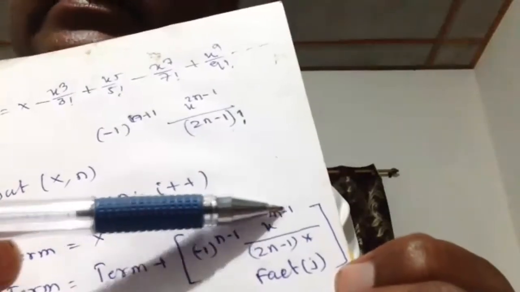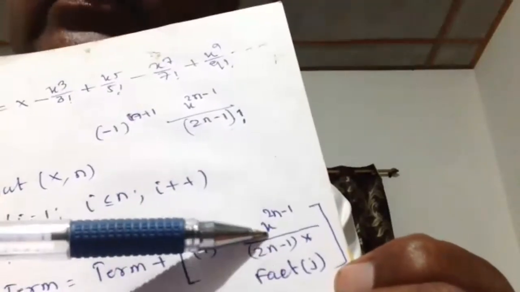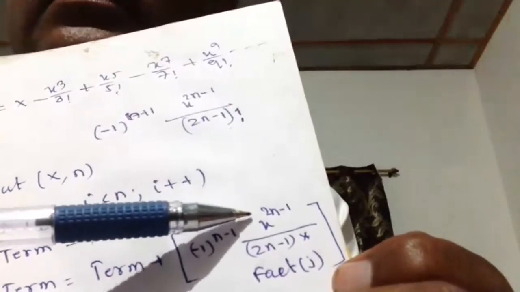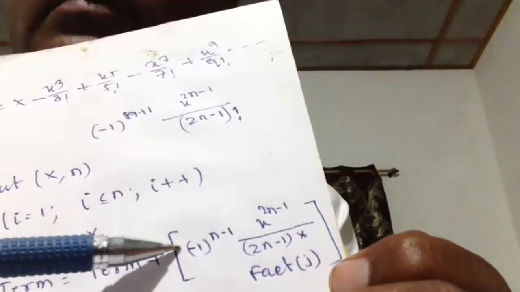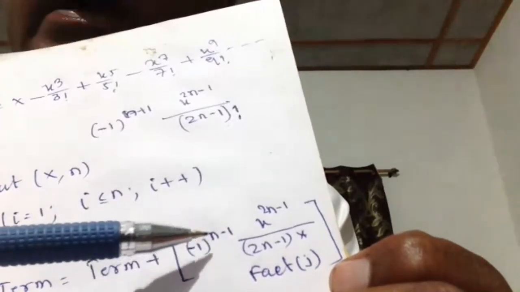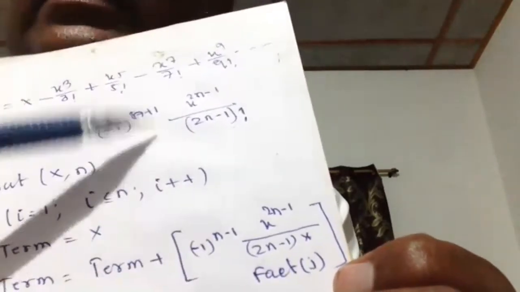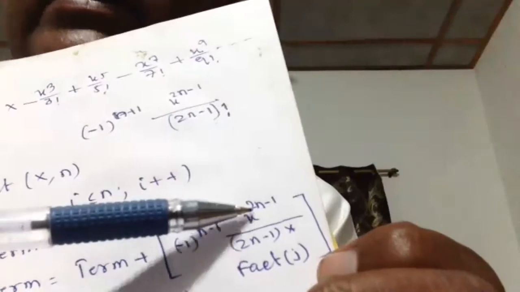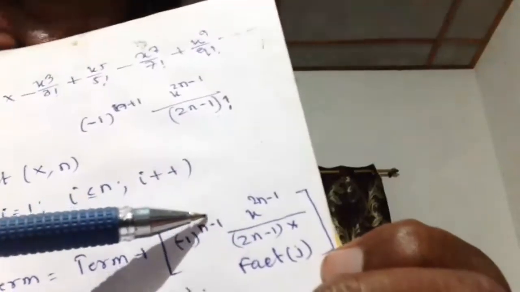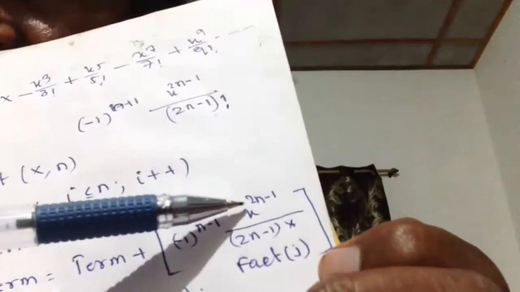Fact is visible into fact what? Minus 1 to the power, this whole expression is here within bracket, into what is there? This one, 2n minus 1.